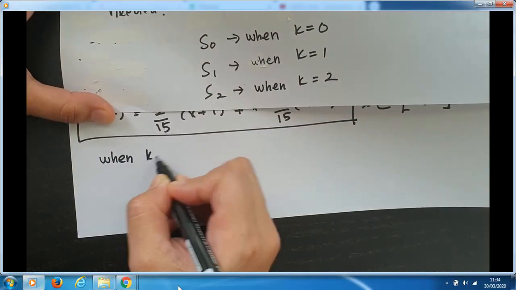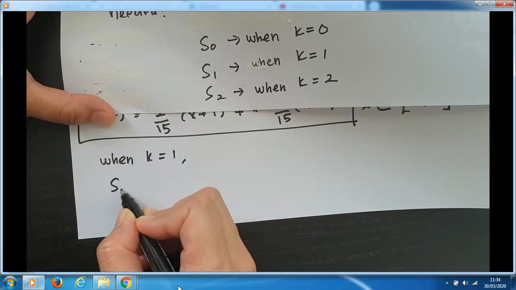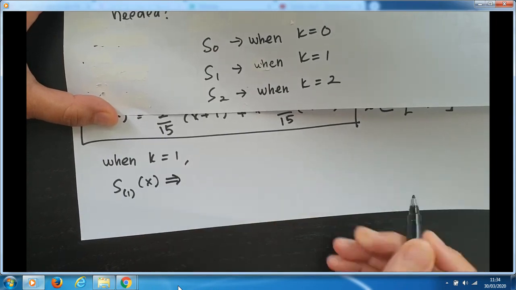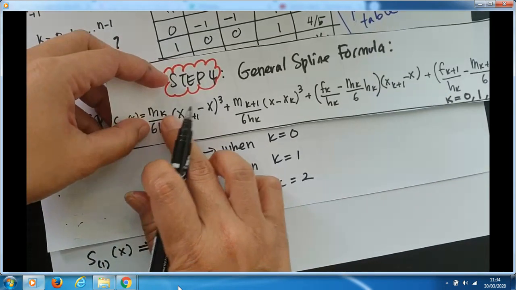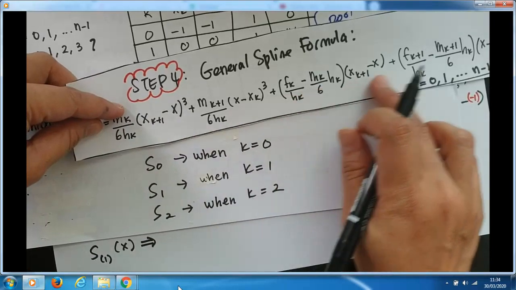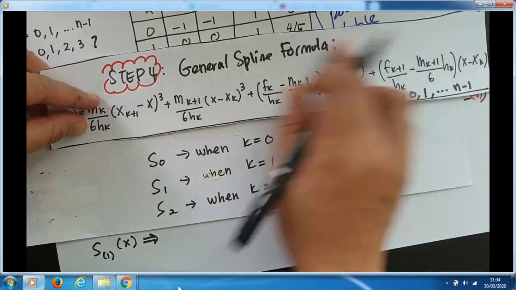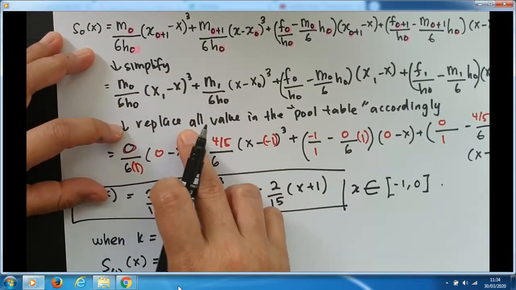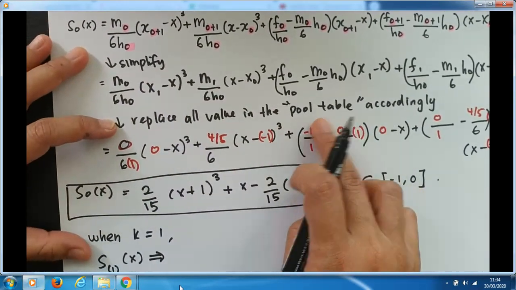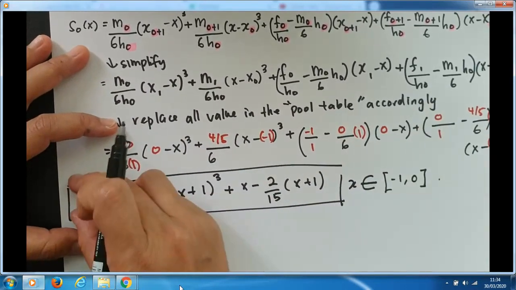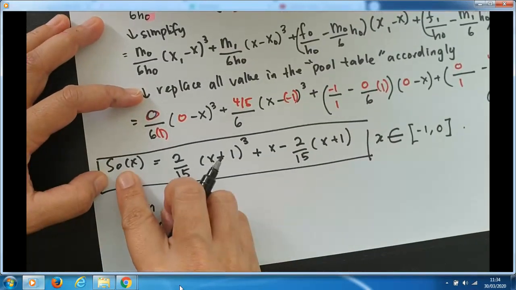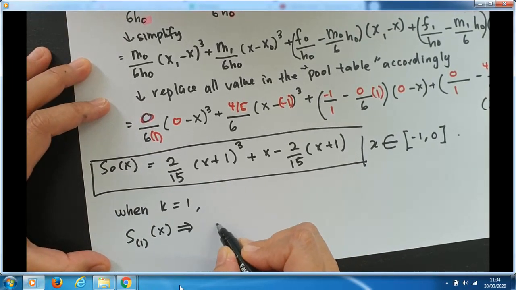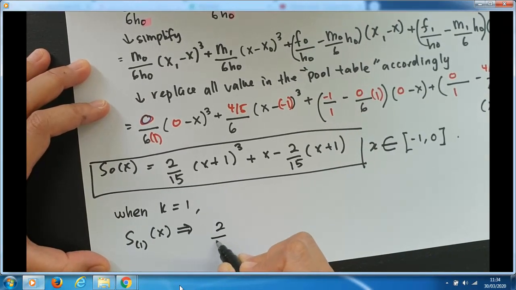When k equals 1, S1(x) equals, replace every k inside the general formula with 1. Using the same method, simplify and then replace all values using the values that you have in the table accordingly, and you will generate the second spline formula for S1.